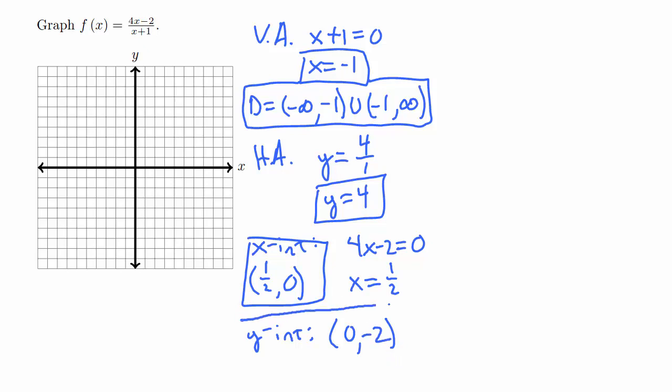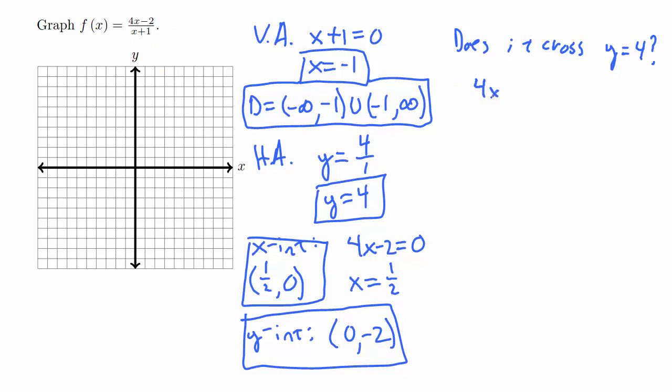Fantastic. Now, we need to ask the question: does it cross, in this case, y equals 4? So we're going to set the function, (4x minus 2) all over (x plus 1), equal to 4.